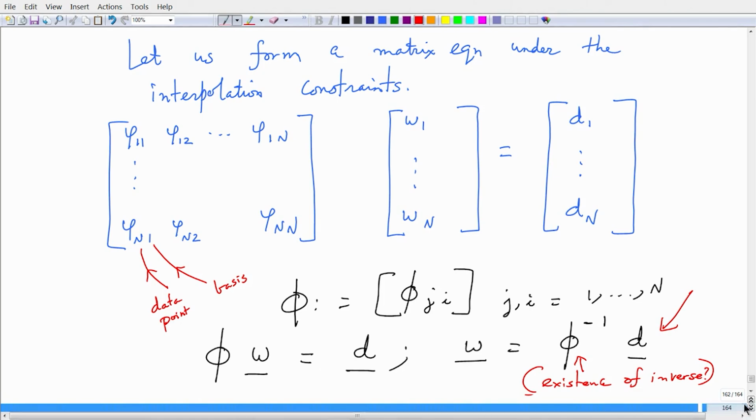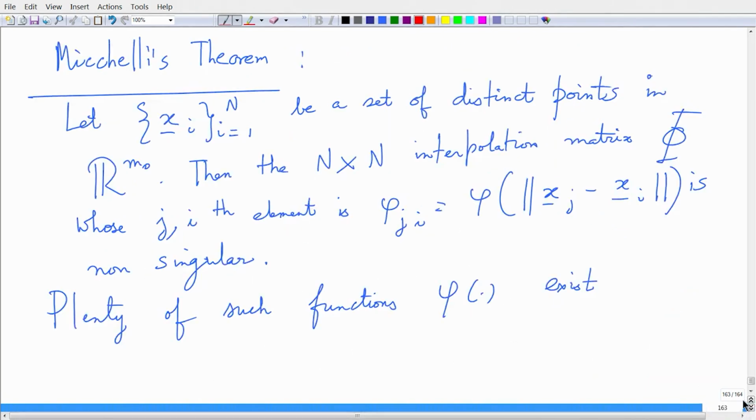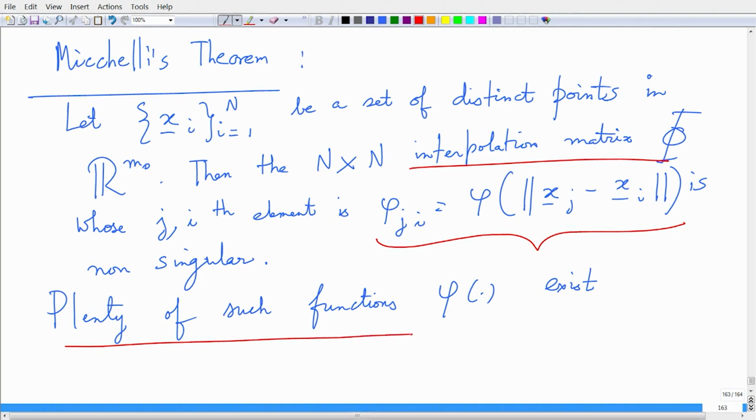Fortunately, we have a theorem from Micchelli that states as follows: let xi, i equals 1 to n be a set of distinct points in Rm0, then the n by n interpolation matrix phi whose jith entry is phi ji given by this quantity is non-singular, and plenty of such functions exist, and this is very important because it gives us the freedom of choosing the basis rather than restrict ourselves to a particular function.